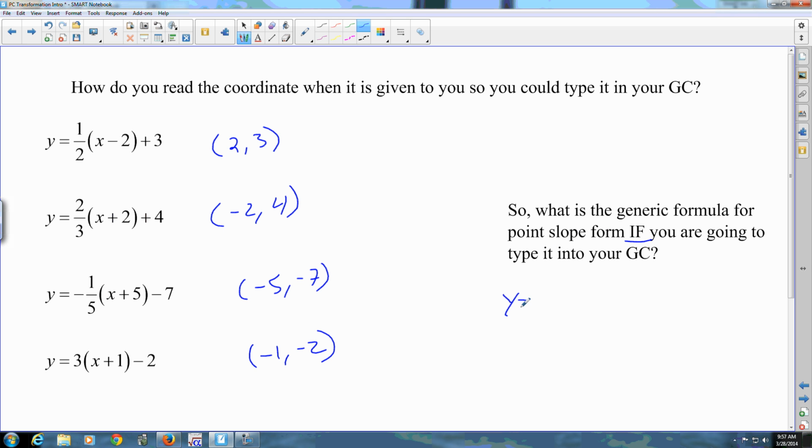So it would be y is equal to, let's start out here. Y minus y1 is equal to m, x minus x1. If I move this over, I get y is equal to m, x minus x1, plus y sub 1. All right, that would be the generic form of point slope form, if you're going to type it in your calculator. This one you read opposite, this one you read the same.